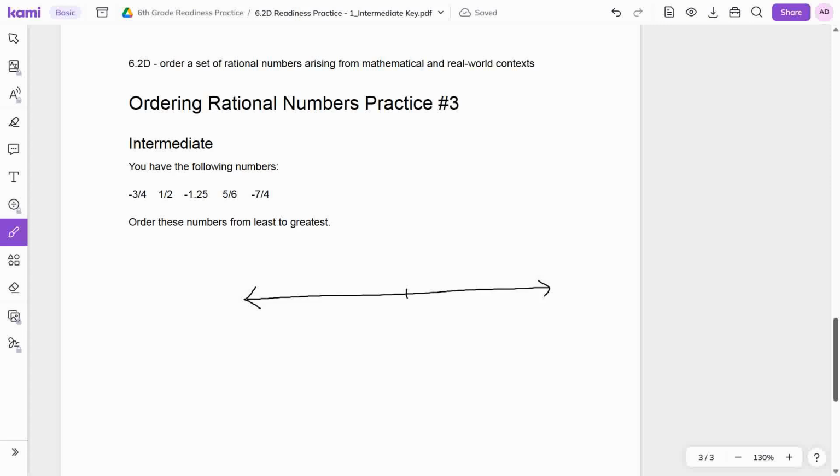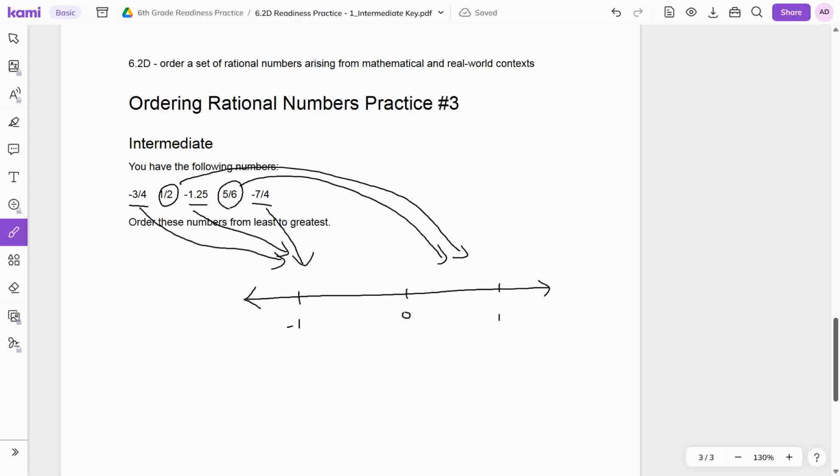All right, so here's my 0. Let's just put a -1 and a +1 kind of as benchmarks. All right, so my 1/2 and my 5/6 are going to go over here. They're positive. And then these three are actually going to go over here because they're negative.